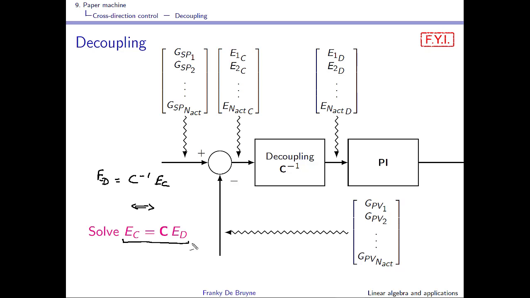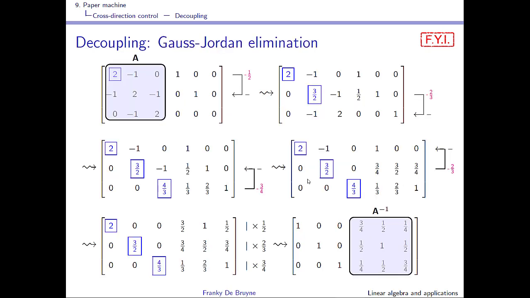So when you have constructed your decoupled error vector, you can do as if there are n-act single input single output problems. You have decoupled the problem, and in here you have n-act PI controllers in parallel. Well, to do the decoupling, you will have to compute the inverse of the coupling matrix.